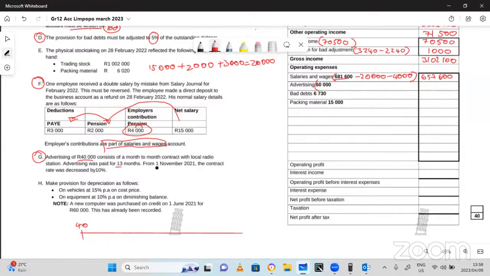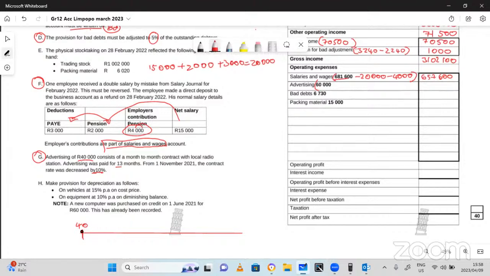Then it doesn't end there. We are told that from 1st November 2021, the contract rate was decreased by 10%. So there's a change. That's why we need a timeline. Normally, the timeline consists of 12 months.